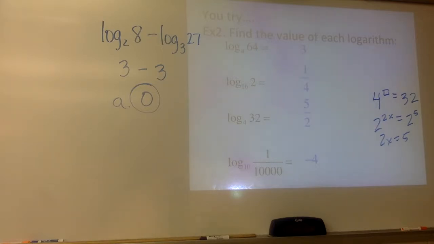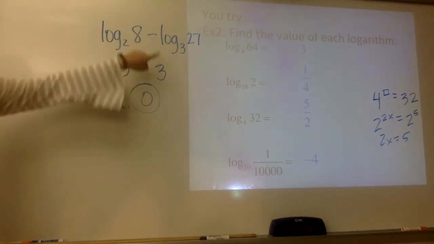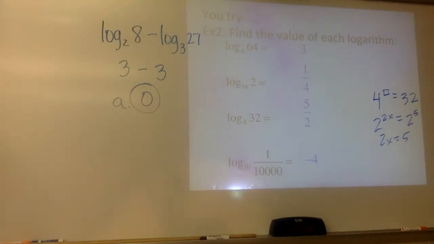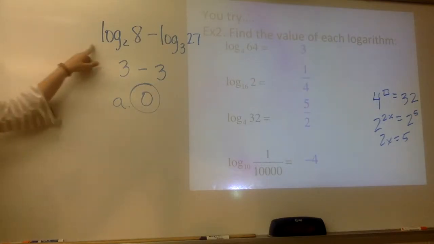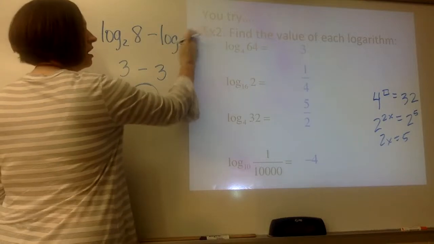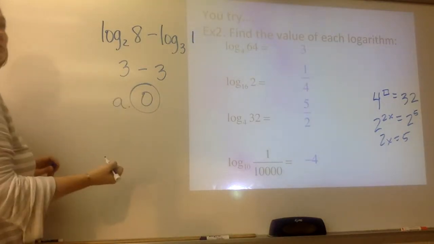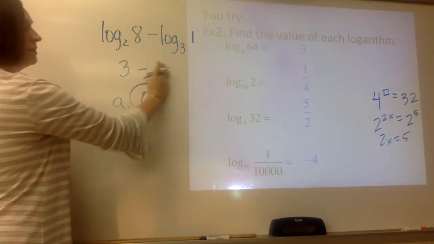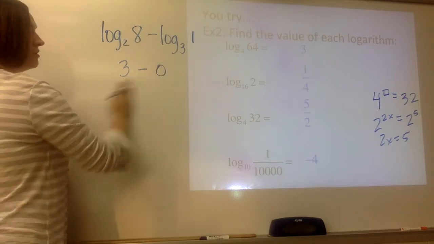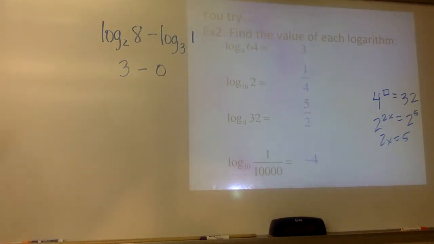Yes, substitution. You're evaluating what the logs are and substituting them and then completing the operations. That's more likely what you'll see because they want to know your skill level with logs. So they'll have different things in here, like they could have log base 3 of 1. So then this would get replaced with a 0, right? Do you understand the 0 law of logs, that kind of thing? They'll incorporate different pieces that make it multi-step.